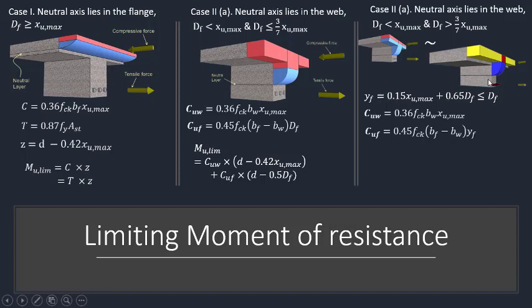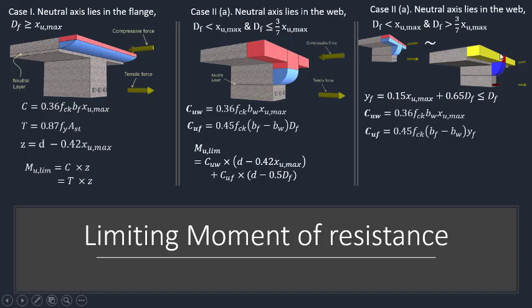The compression force is split into two parts. One is on the web and another in the overhang flange portion. Compression force in the web is 0.36 times fck into width of web into limiting neutral axis depth XU max. This force has a lever arm of d minus 0.42 times XU max.